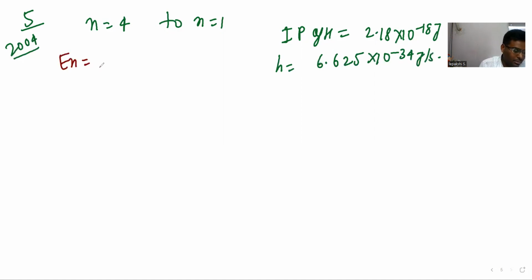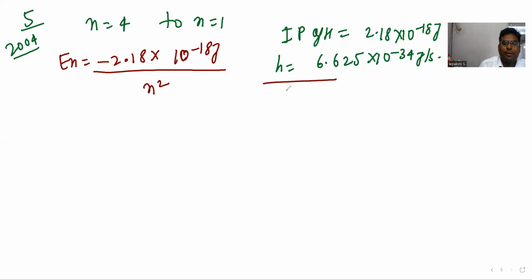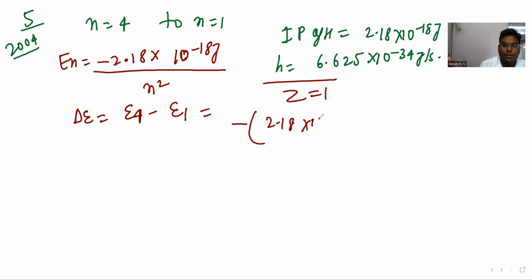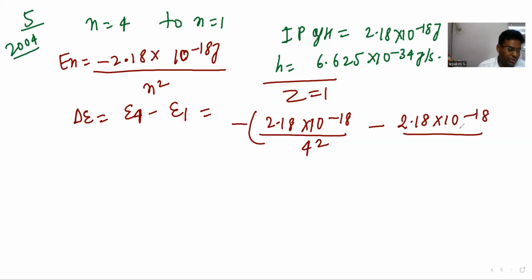We know the energy in a Bohr orbit is given by, so please remember this formula, En is equal to minus 2.18 into 10 raised to minus 18 joule divided by n square. For hydrogen, Z atomic number is equal to 1. So the change in energy is E4 minus E1, which is minus 2.18 into 10 raised to minus 18 divided by 4 square, minus of minus 2.18 into 10 raised to minus 18 upon first orbit value square.